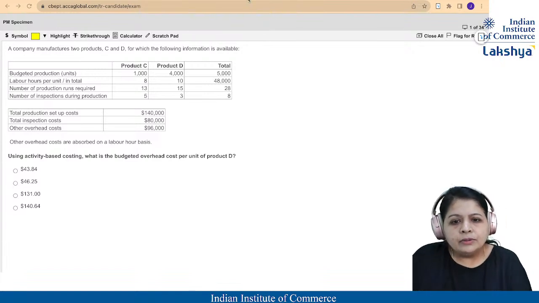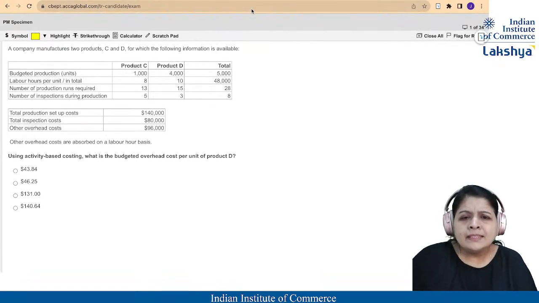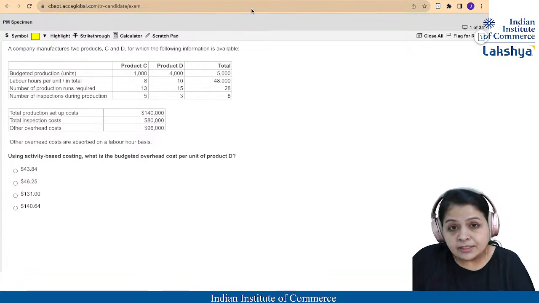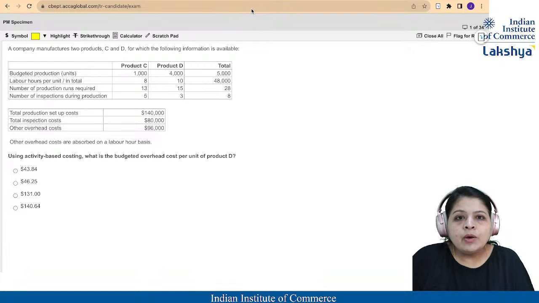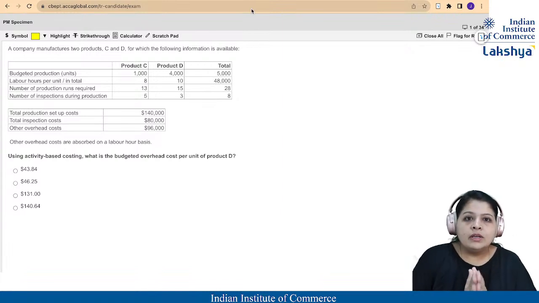Now, as I said in my earlier classes, students do ask me questions: would they be allowed a working paper in the examination? Would they be allowed a calculator in the examination? The answer to that is very simple. It completely depends upon the invigilator.